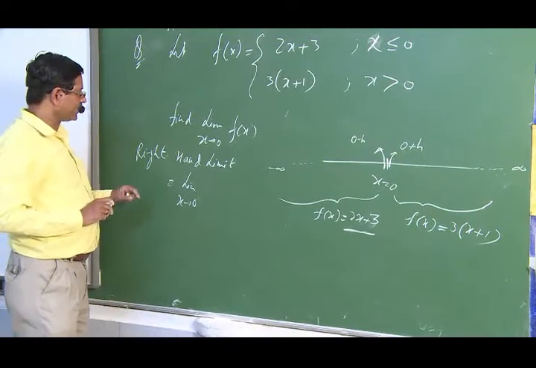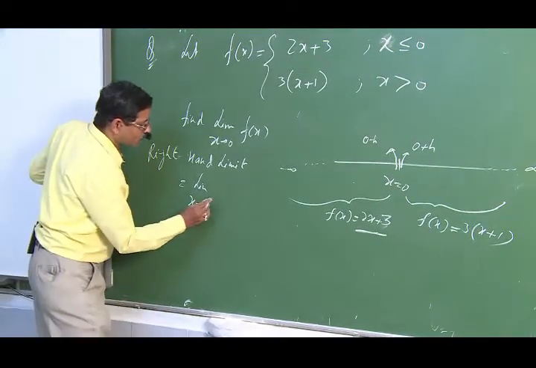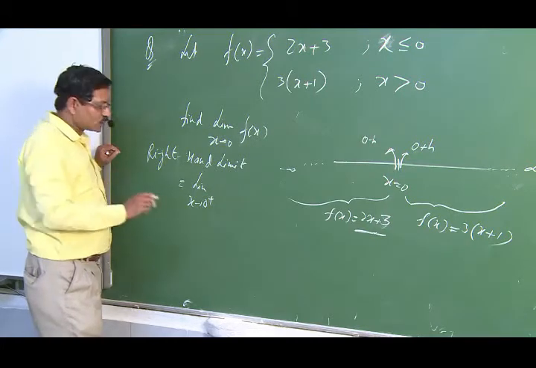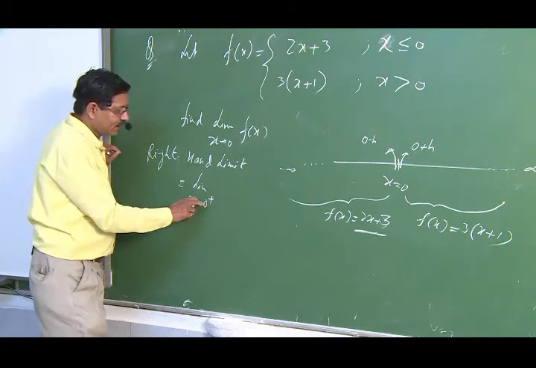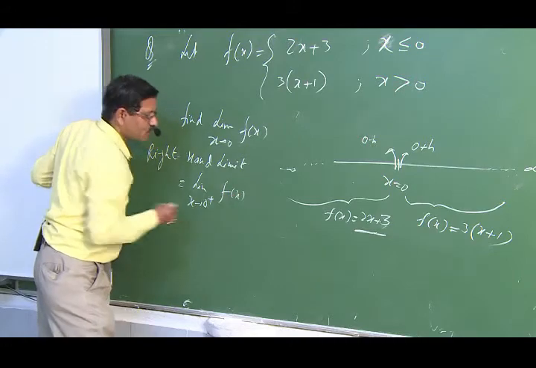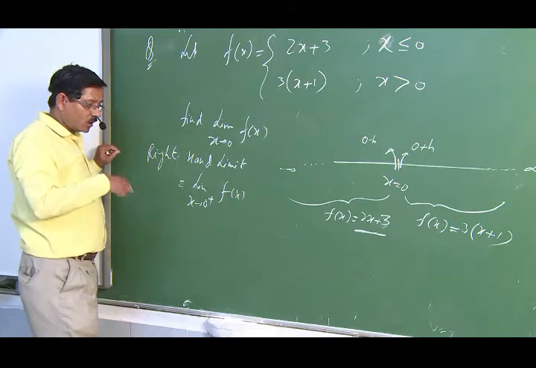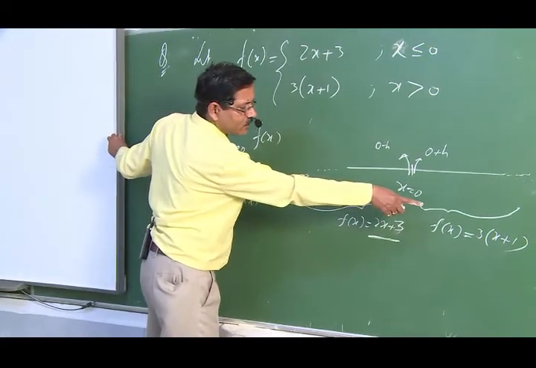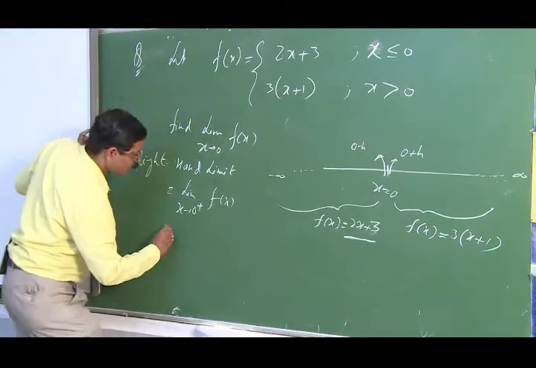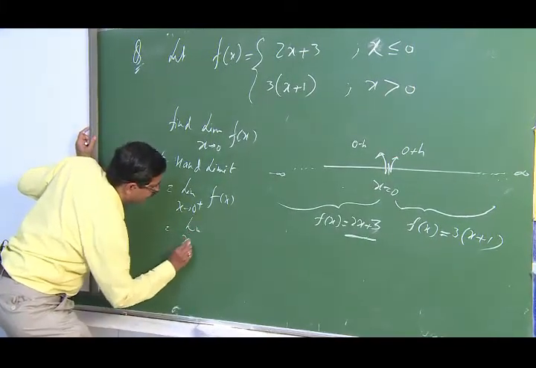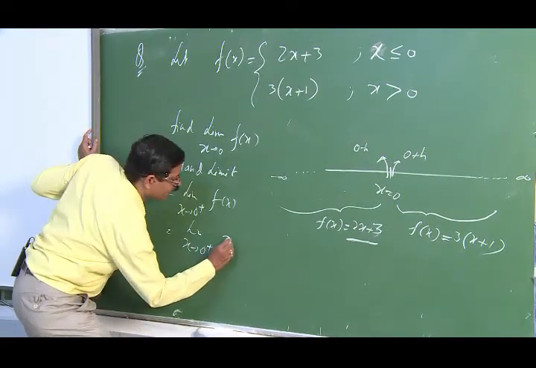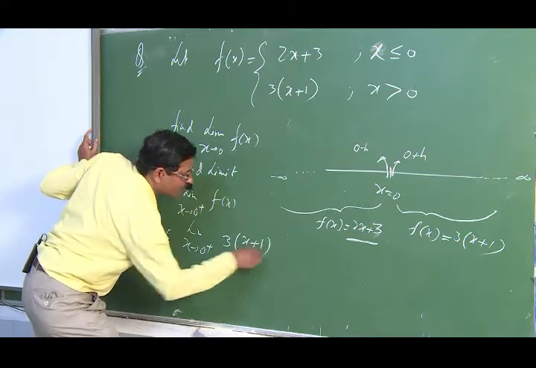Now the right hand limit. Limit x tending to 0 plus, on the right of 0, so put a plus symbol here, f(x). What is the value of f(x) on the right of 0? It is 3 times (x plus 1). So this is limit x tending to 0 plus of 3 times (x plus 1).